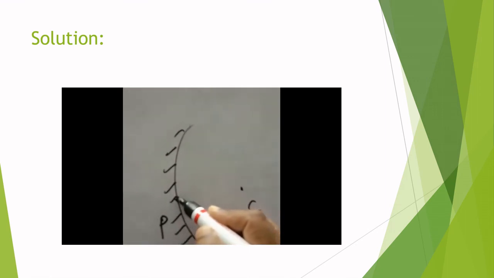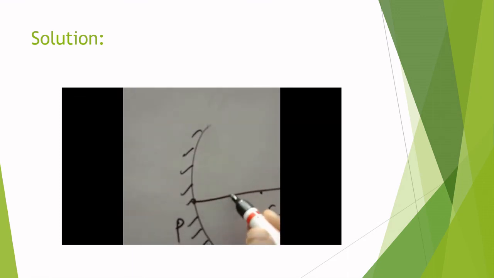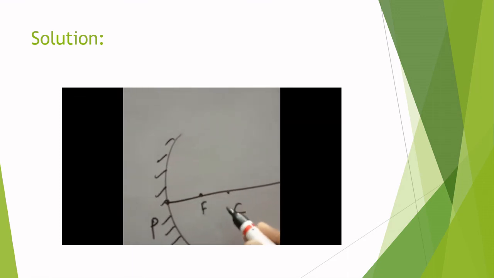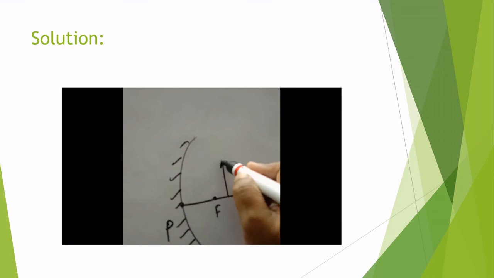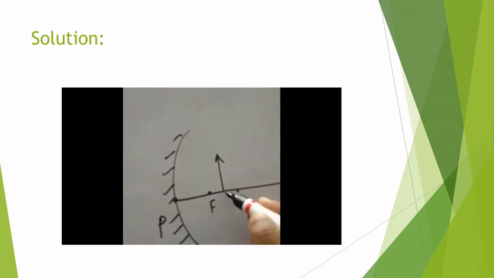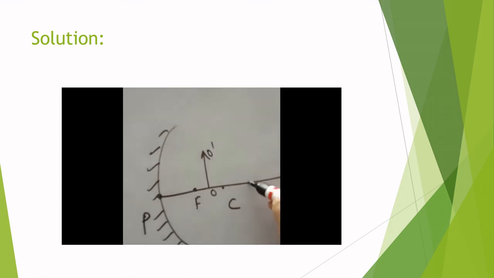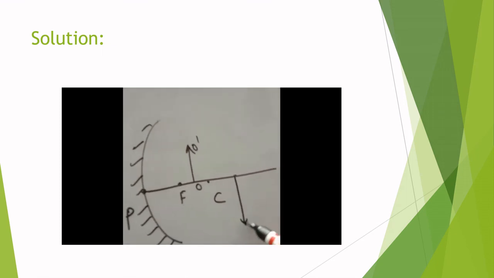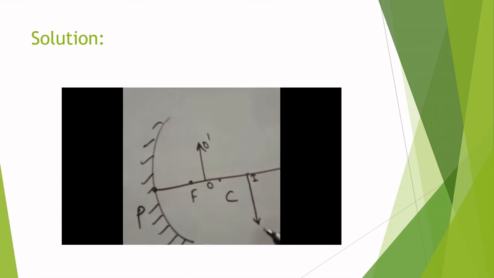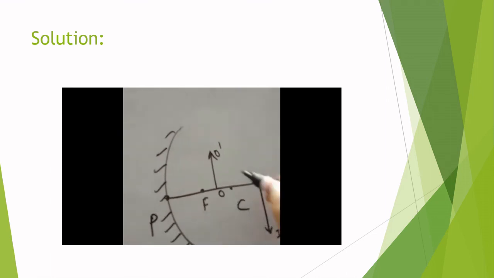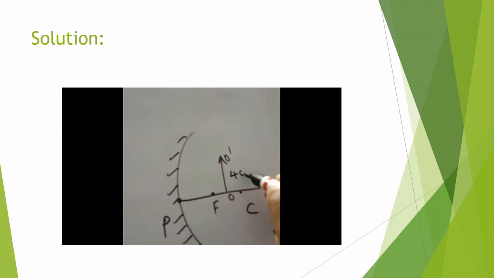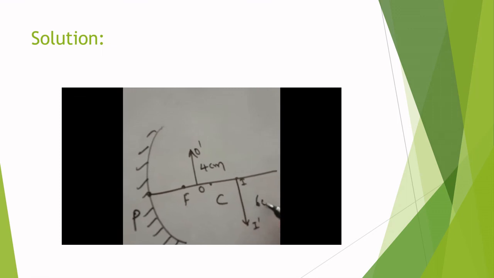So here we can show the object and image. Here object with O dash, image with I dash. Object height 4 centimeters, image height 6 centimeters.